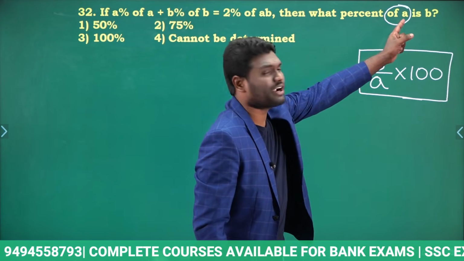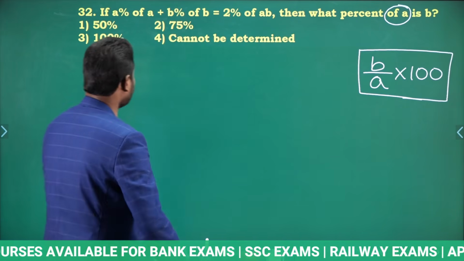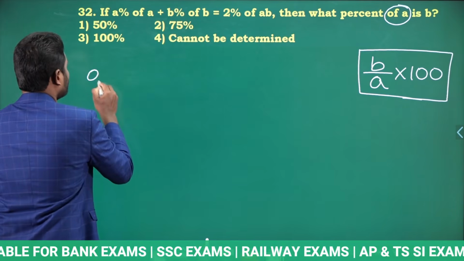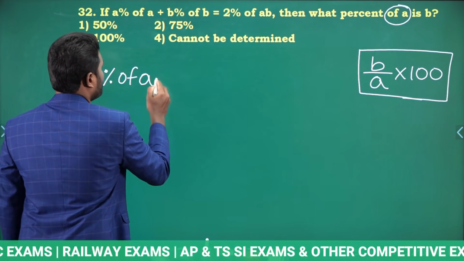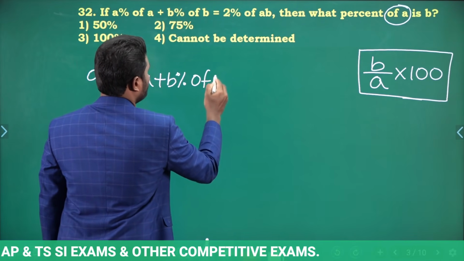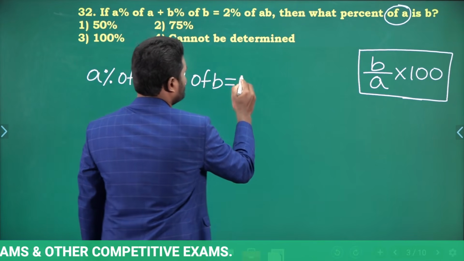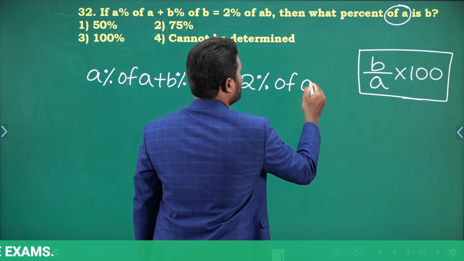After "of" I got A, so A should be in the denominator. So B by A into 100. Let us calculate. In the question it is given that A percent of A plus B percent of B is equal to 2% of AB.